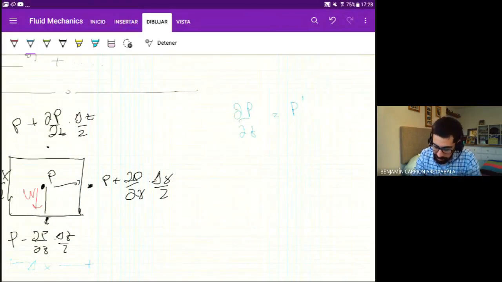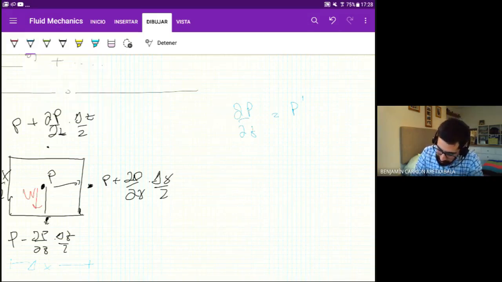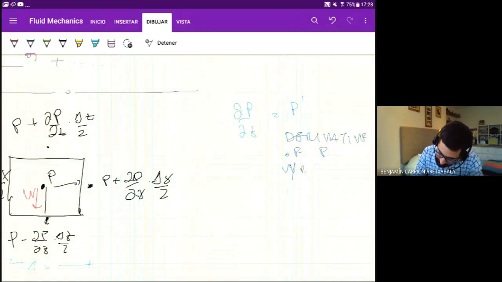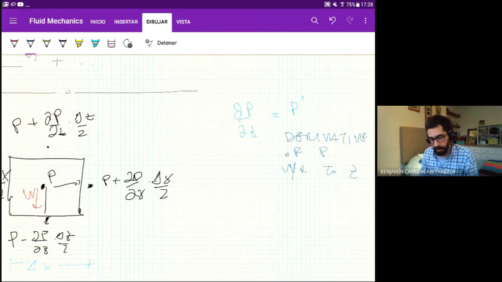So this is the derivative of P with respect to z. It is how P changes with respect to z, or the vertical coordinate.